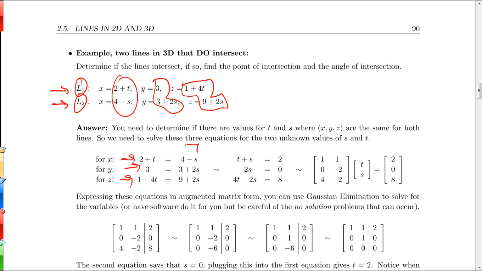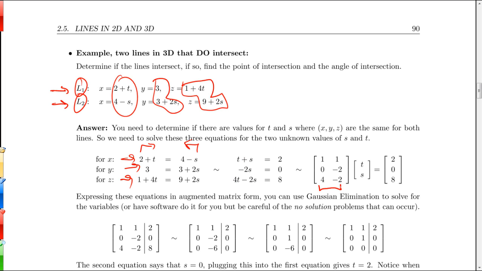Then I want to get the s's over to the left and the constants over to the right, so I have variables and their coefficients on the left, constants on the right-hand side. So I can write that as a nice matrix equation: 1, 1, 0, -2, 4, 4, -2.